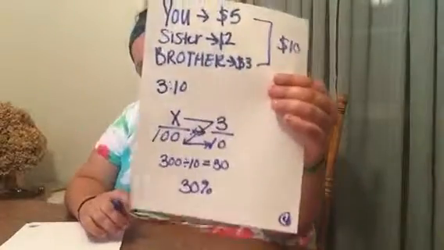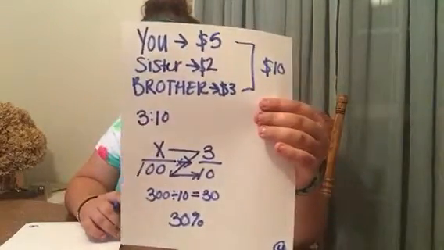So your brother got 30% of the money that your grandmother gave all of y'all at dinner.